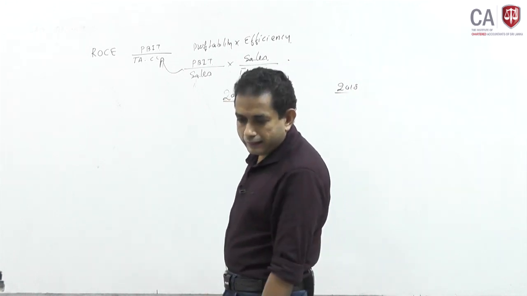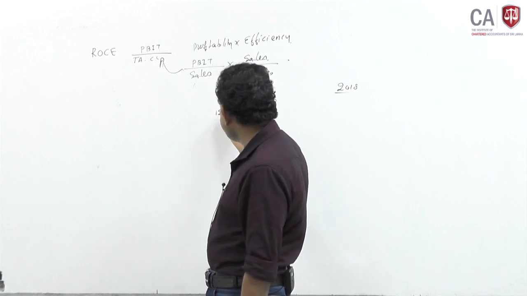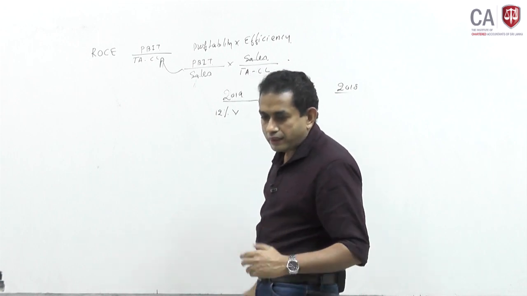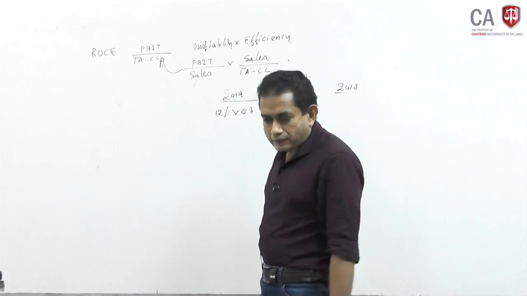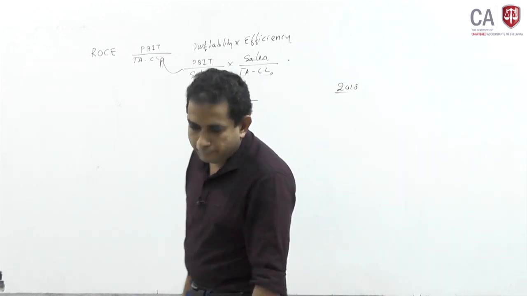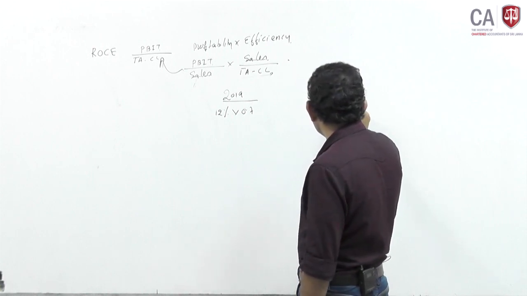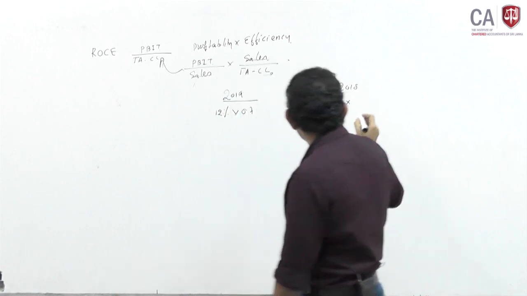For 2019, profit margin is 12%. This is multiplied by the efficiency ratio, that is the total assets turnover, 0.7. For the last year 2018, profit margin is 11.5 into the assets turnover, 0.8.